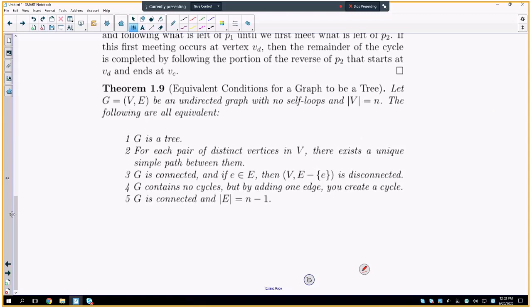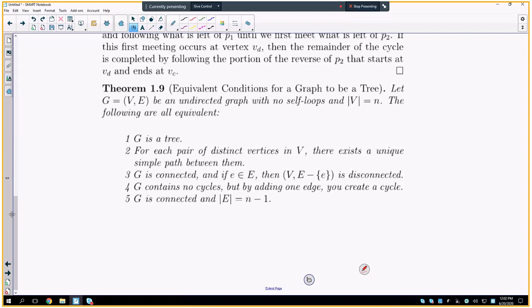If I know that G is a tree, then I must know that for each pair of distinct vertices in V, there exists a unique simple path between them. Whereas if I know for each pair of distinct vertices in V, there exists a unique simple path between them, then I must know G is connected, and if e is an edge, then the graph with the edge set minus that particular edge is disconnected.